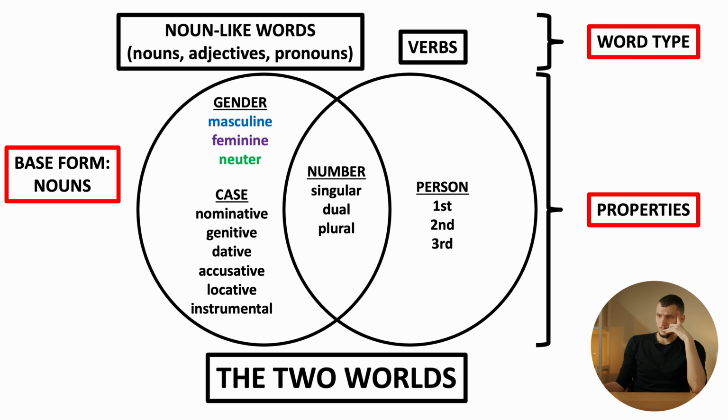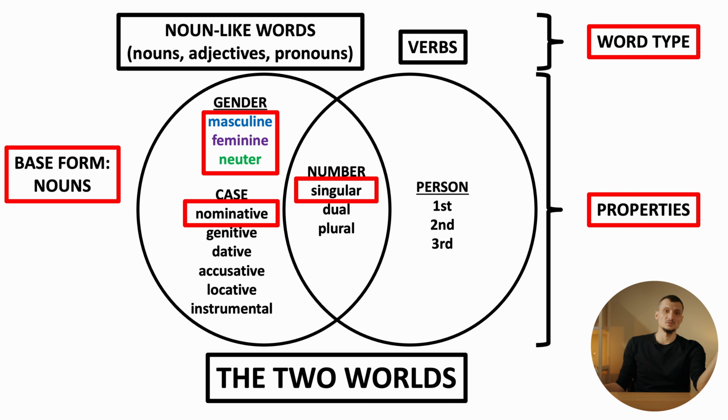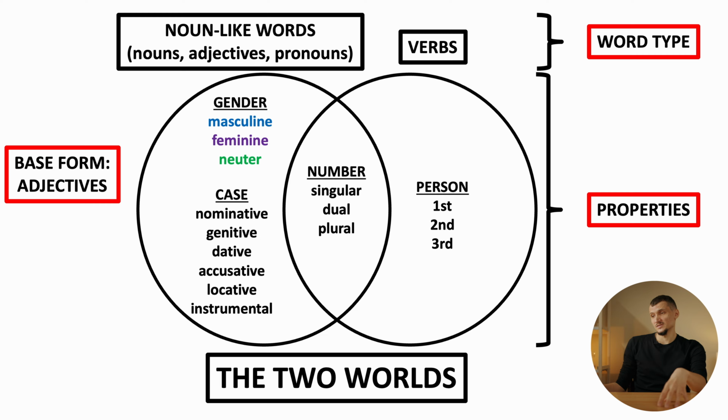And so when it comes to base form and nouns, we said it's always singular, it's always nominative, and then whatever gender that noun happens to be. It can be masculine, feminine, or neuter. And then with adjectives, it's singular and nominative, and actually it is masculine. The masculine form is considered the base one, the starting point.